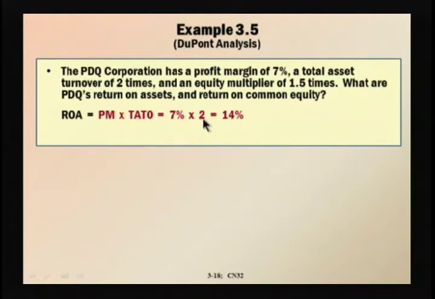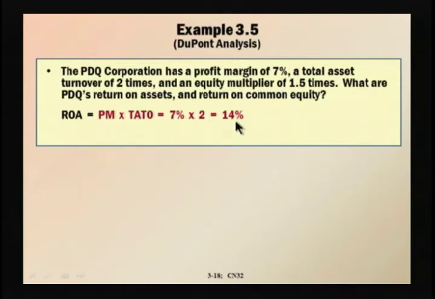So that firm is producing 14 cents in net income for each $1 of assets it employs. So its return on assets is 14%. The profit margin of 7% times the fact that it turns its assets over twice per year produces a return on its assets of 14%.